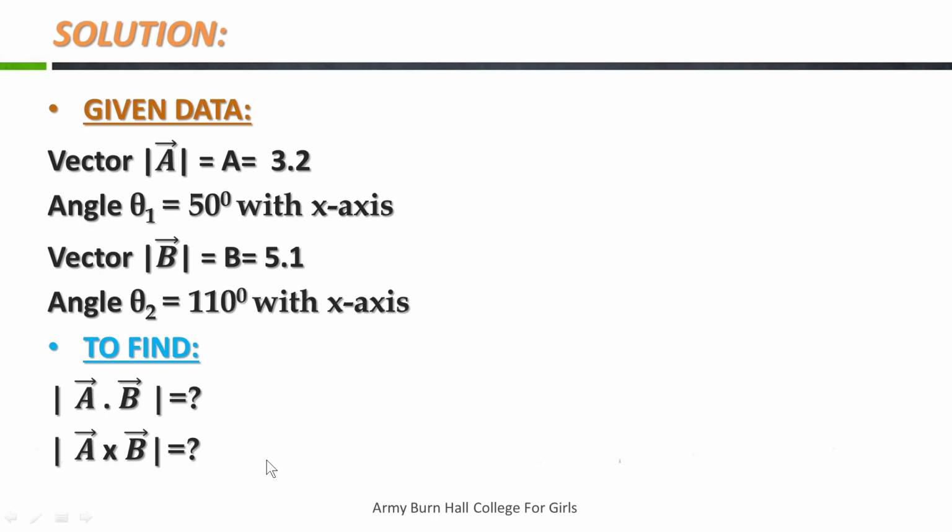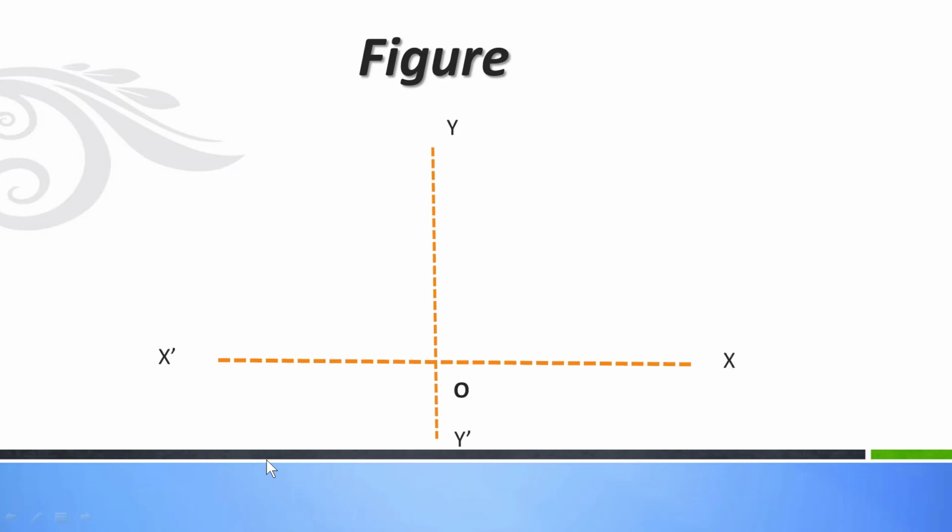So to start the solution, first we have to draw the figure according to the given data. We will draw the coordinate axes, x and y axis. It is given that vector A makes an angle of 50 degrees with x-axis, and vector B makes an angle of 110 degrees with x-axis.